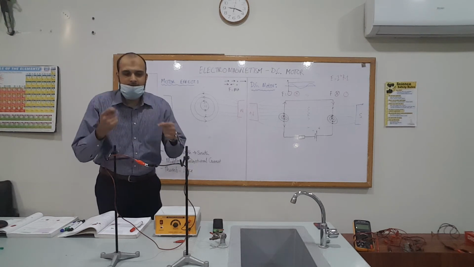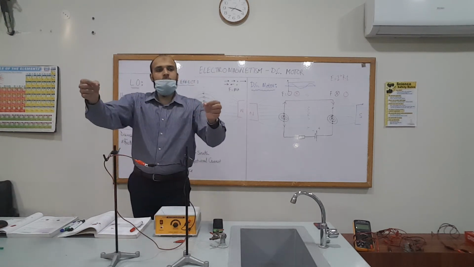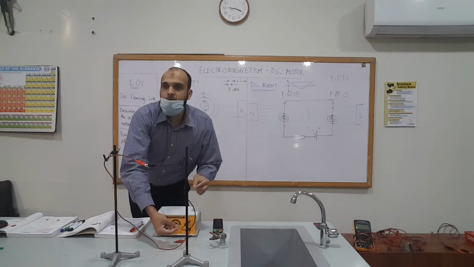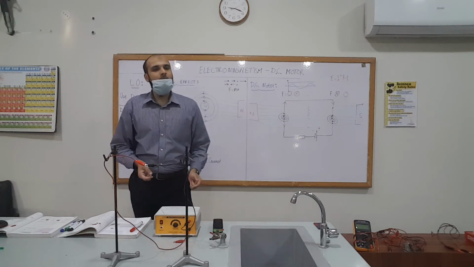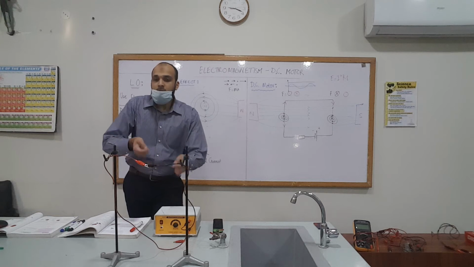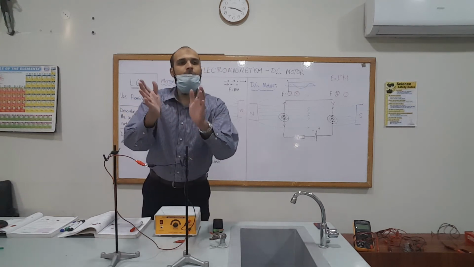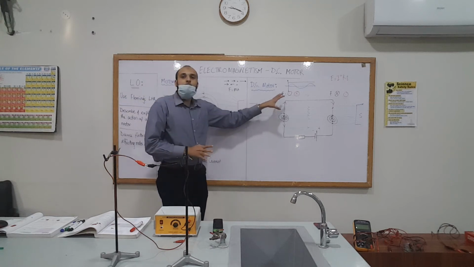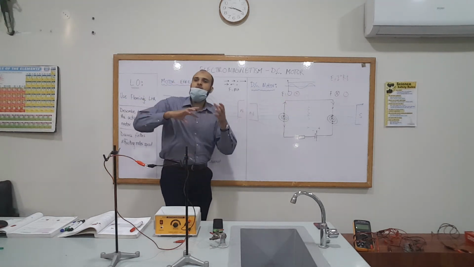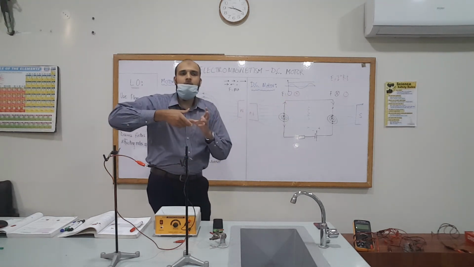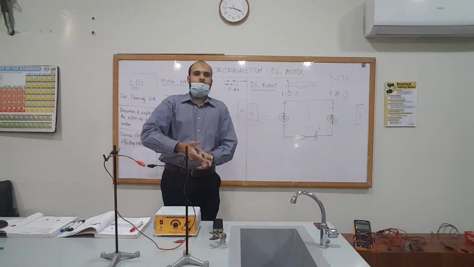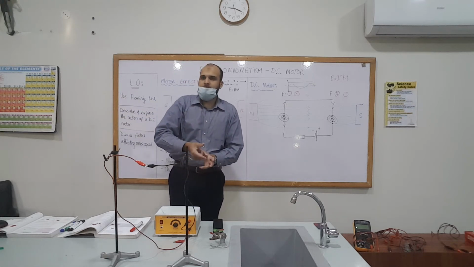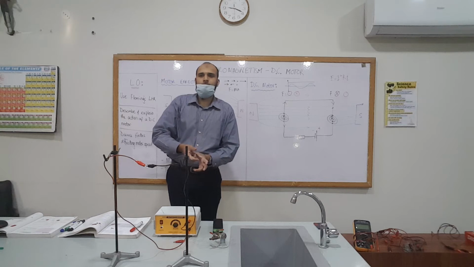This time, every time we rotate the coil a little bit, we also change the polarity from the back end so that the direction of flow always remains constant. So, in other words, the motor effect always pushes that coil to rotate in the same direction. Does that solve the problem?